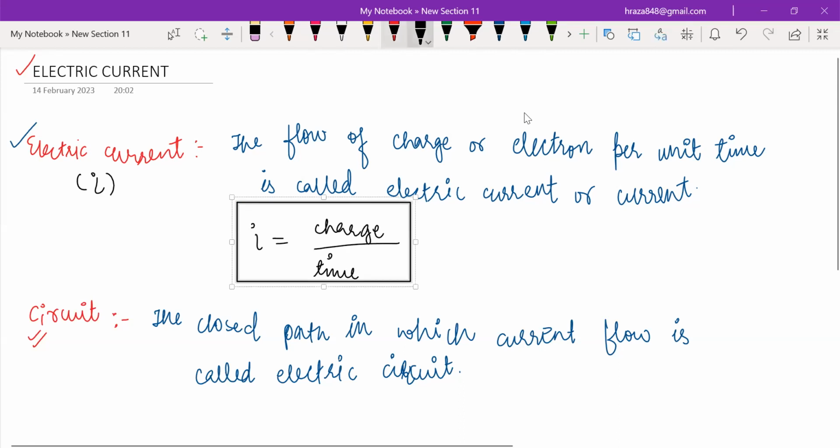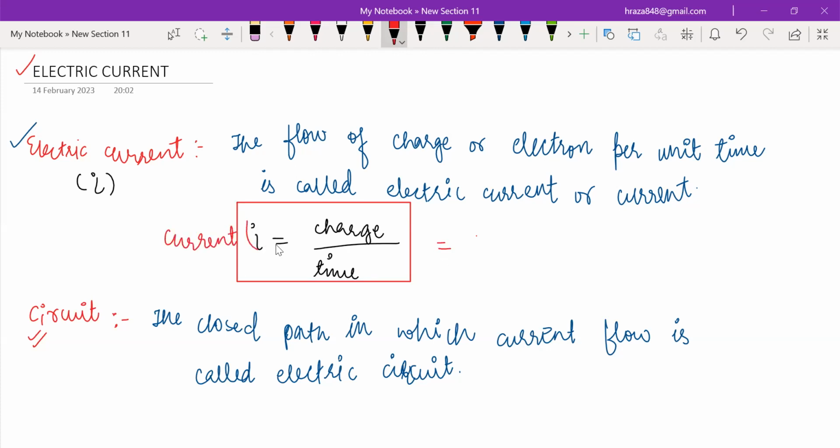Charge we denote by Q, and time is T. So we can also write I is equal to Q by T.